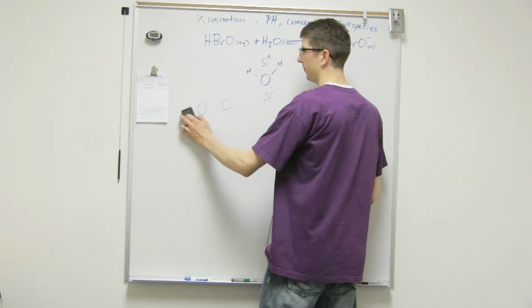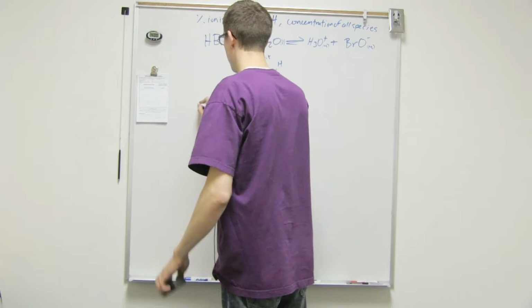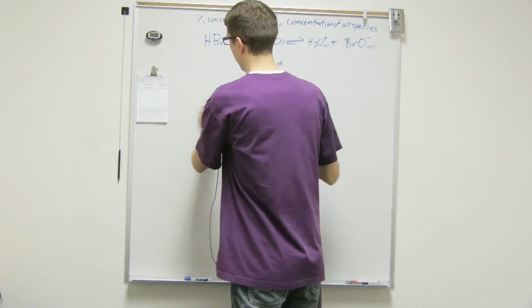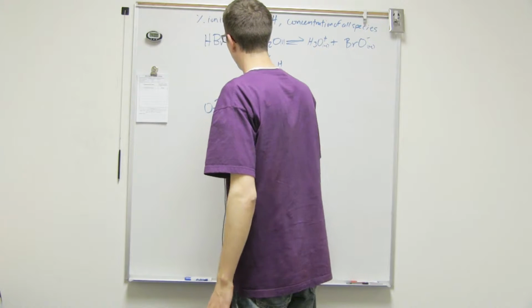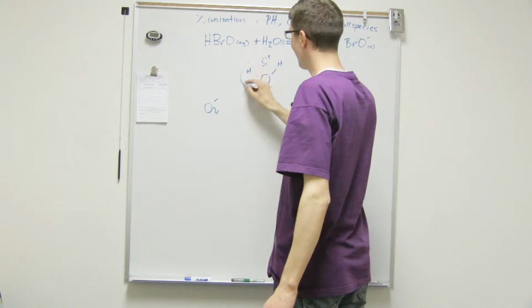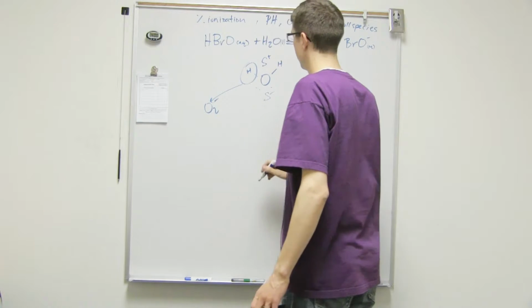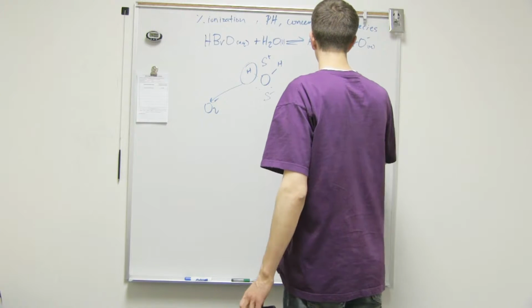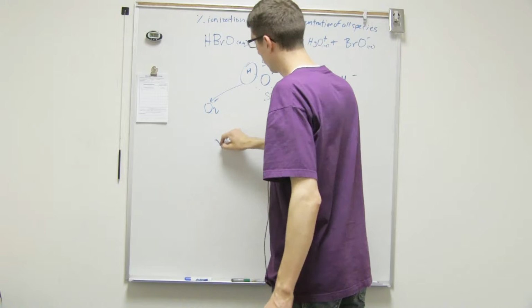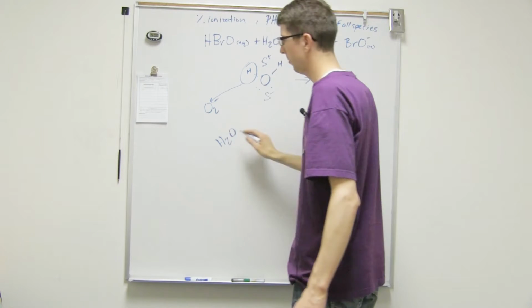O2 minus has just got an extra electron in there. Anyways, it would want to steal this and pull it towards itself, right? Leaving behind an OH and forming water here, because that would make water after that.